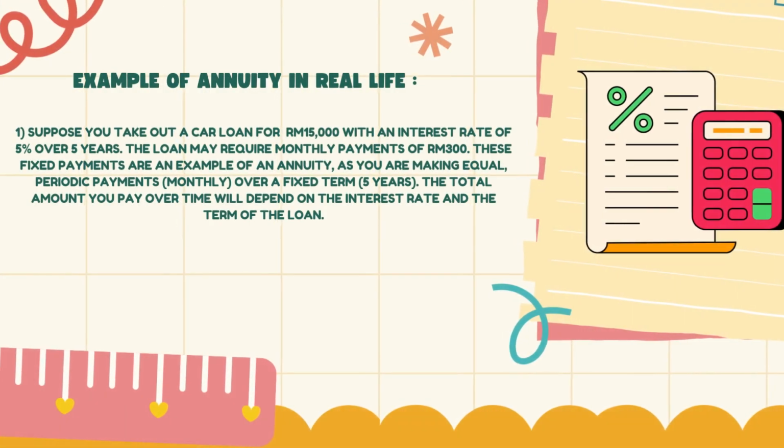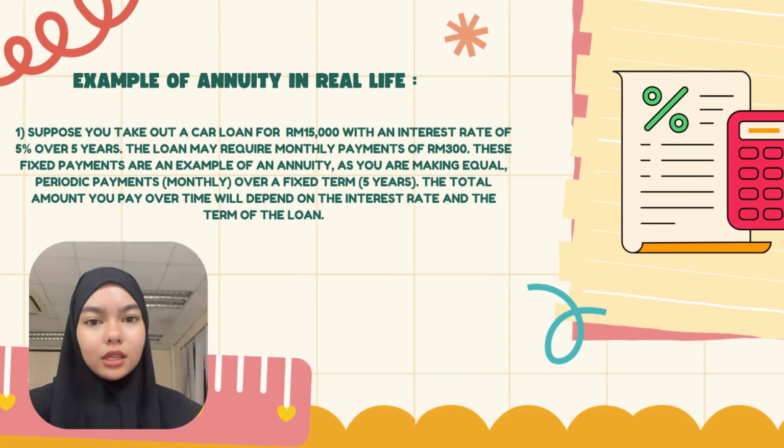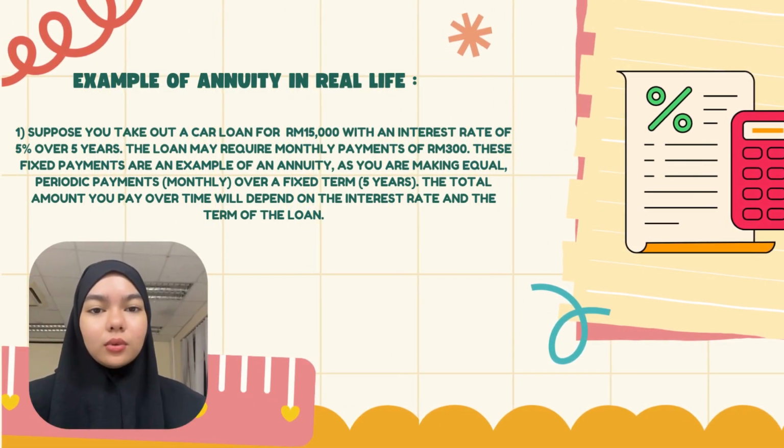The next chapter is chapter 4, which is annuity. Okay, I'm gonna give you an example of annuity in our daily life. Suppose you take out a car loan for 15,000 ringgit with an interest rate of 5% over 5 years. The loan may require monthly payments of 300 ringgit.